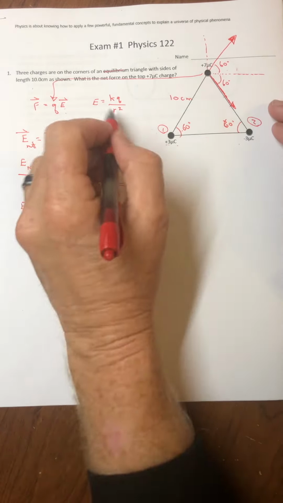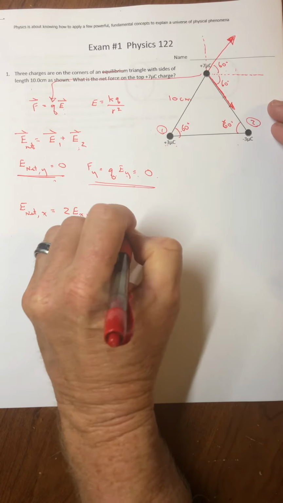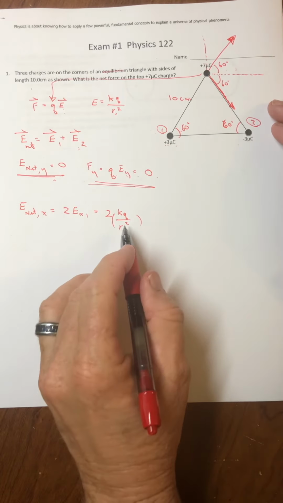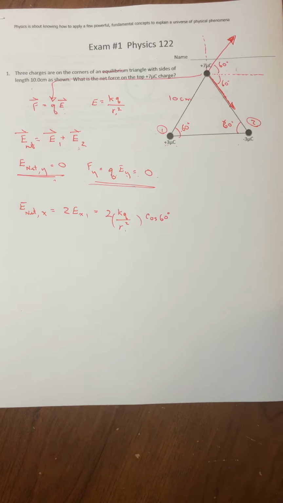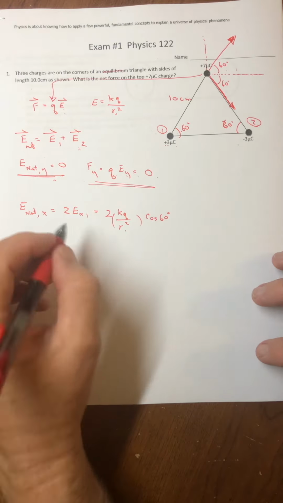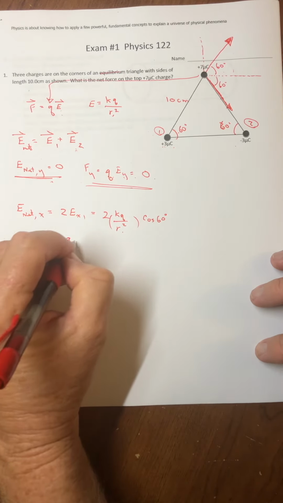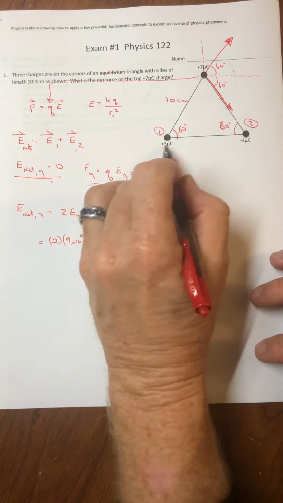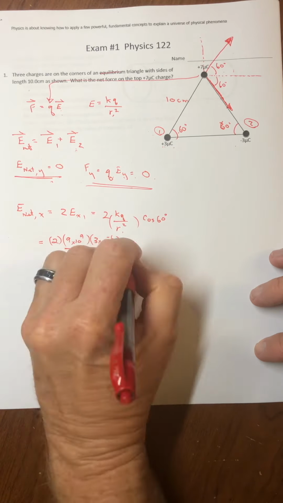So now let me go ahead and put the equation for the electric field. That's the magnitude here. And then to get the x component, I would go cosine of 60 degrees. And now to get a number, I'll put in my values. Coulomb's constant is about 9 times 10 to the 9th. The charge making the field is the 3 microcoulombs.